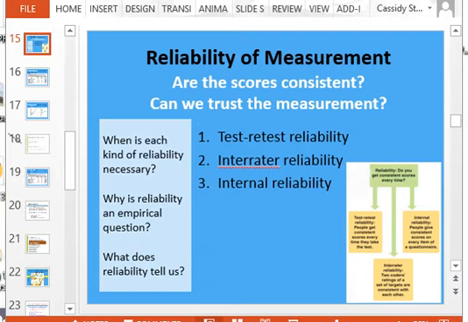If I give a measurement of how psychologically stable you are, and it gives radically different responses each time I give it to you, then that's not a good measure. I can't be confident in the results. So we want to make sure that the results that we get the first time should be similar to the results that we get every other time.